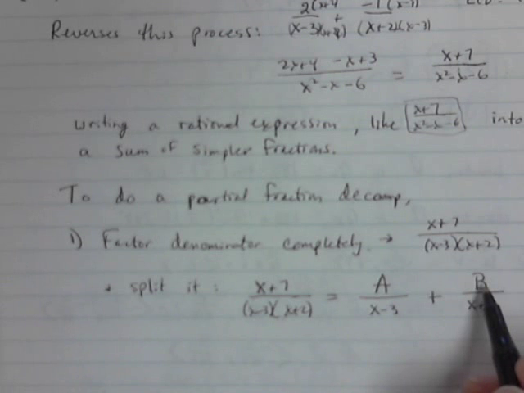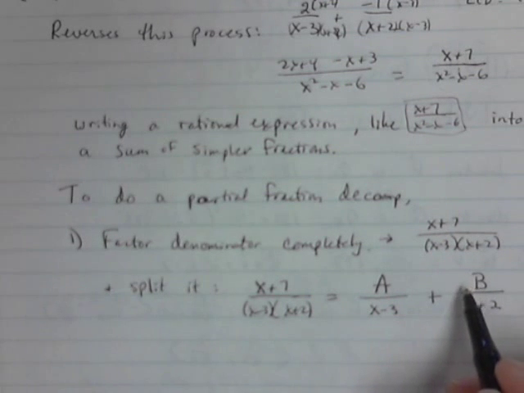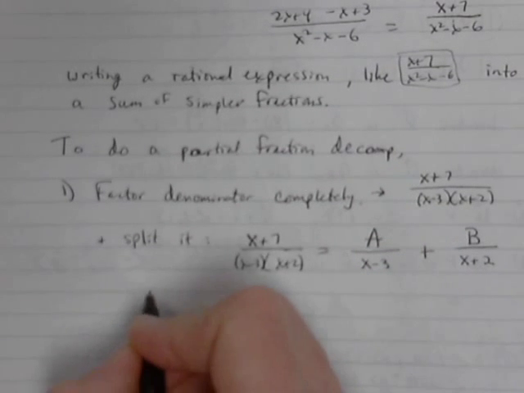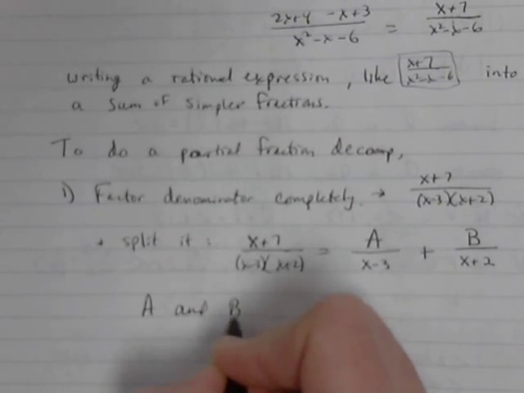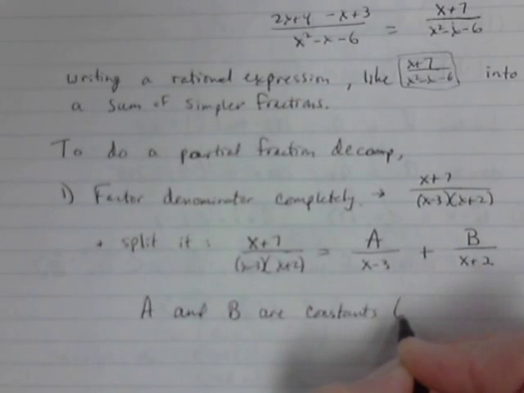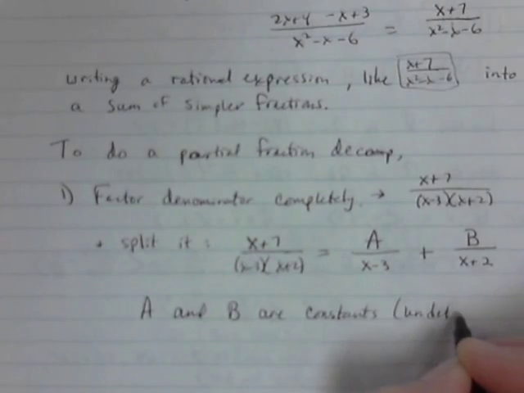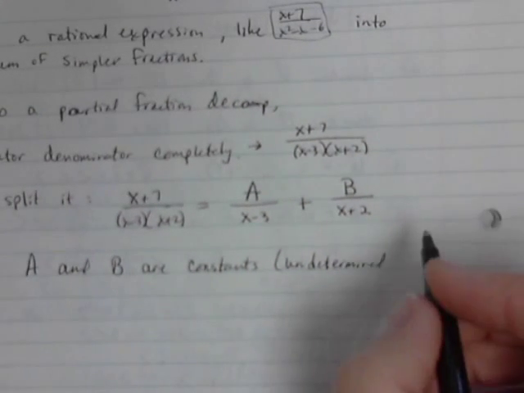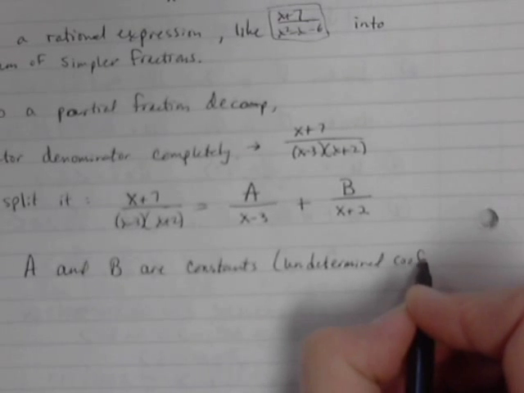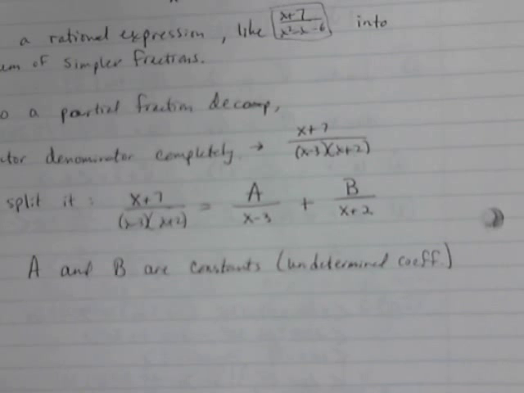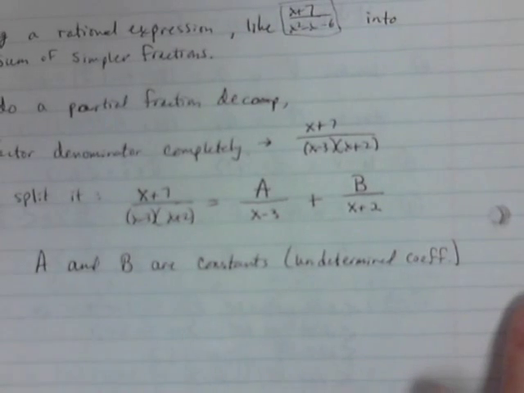So A and B are going to be constants, or in other words, undetermined coefficients. I'll call them constants, though. I've seen some books write them as undetermined coefficients. Okay, so that's the first step.